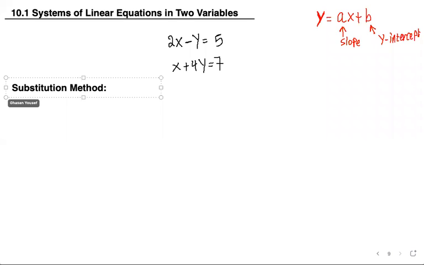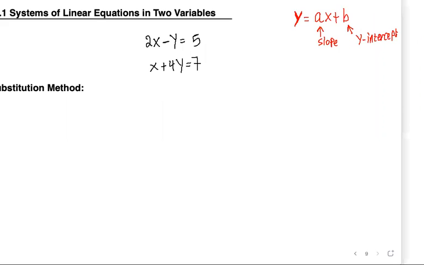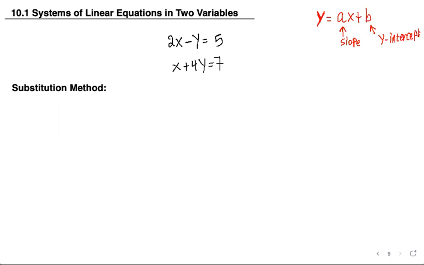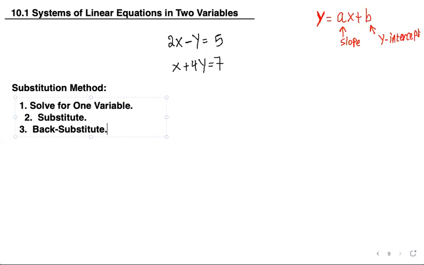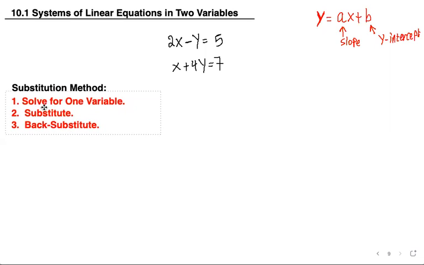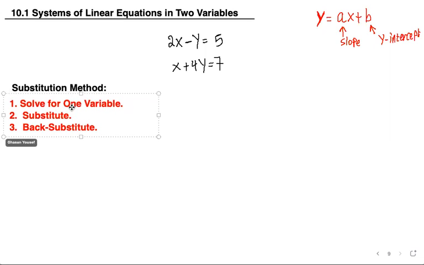This method has some steps. First step, we have to solve for one variable. Second step, we have to substitute. Third step, we have to back substitute again.